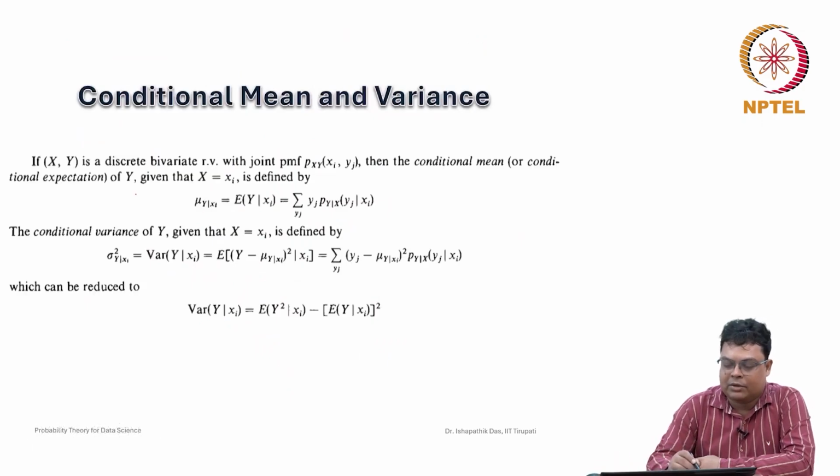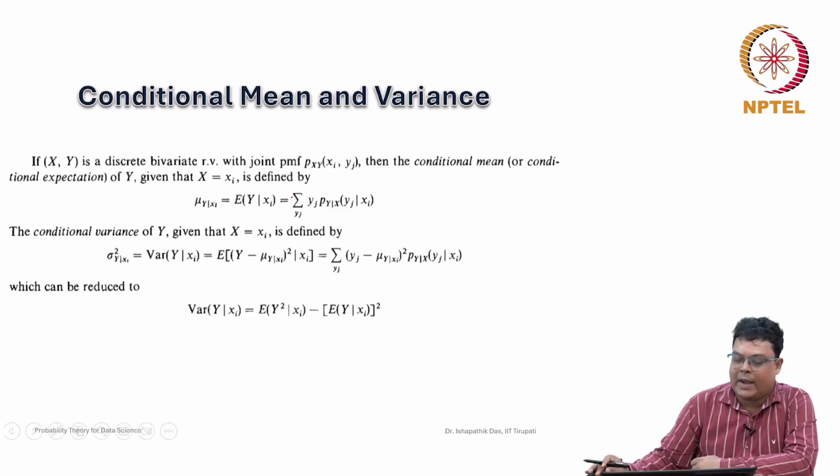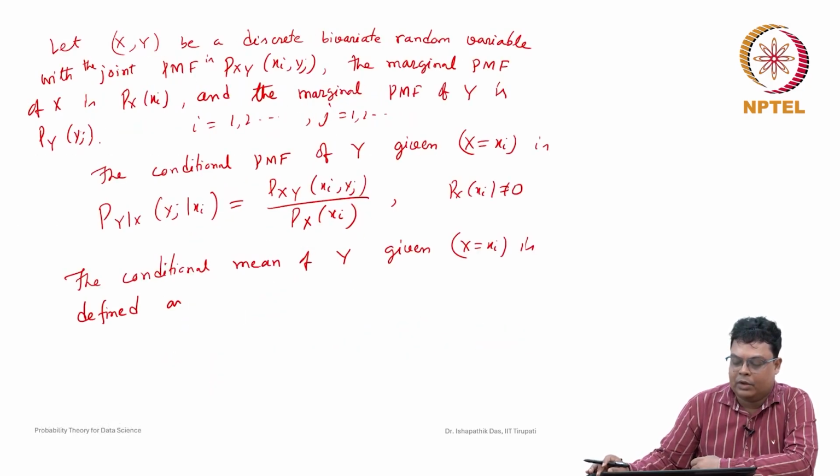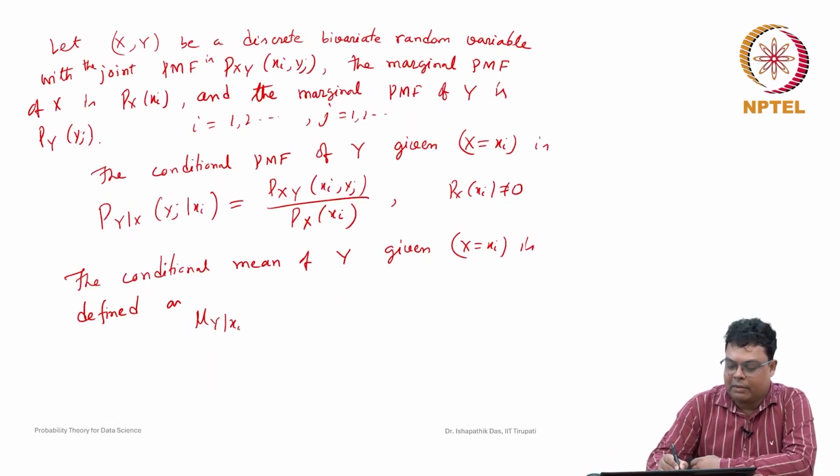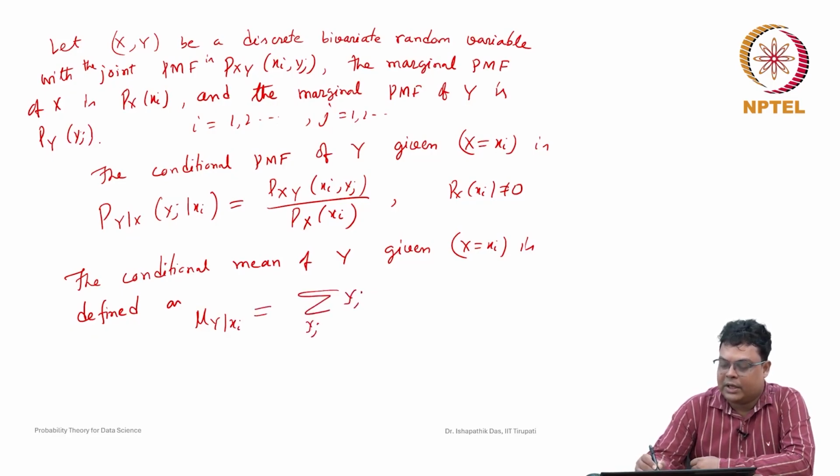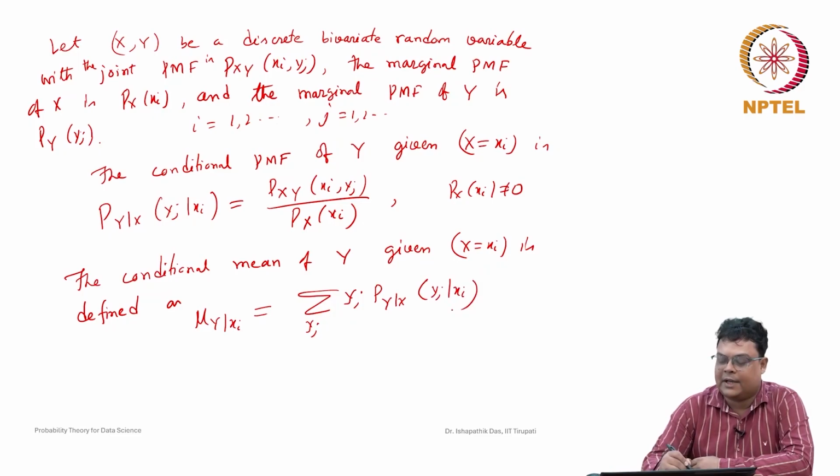Given that X equals xi, the conditional mean, or conditional expectation, of Y given that X equals xi is denoted by mu_{Y|xi}. It is nothing but the summation of yj, over all values of yj, multiplied by the conditional probability mass function of Y, p(yj | xi).